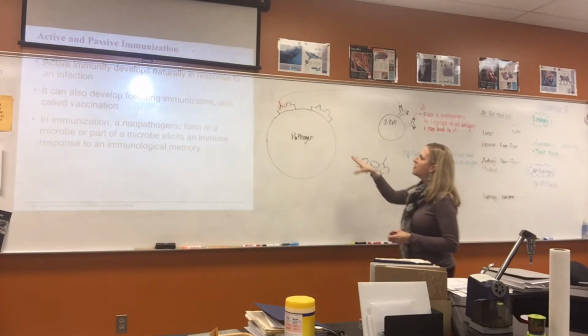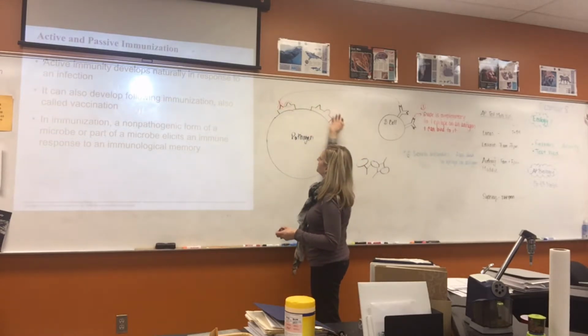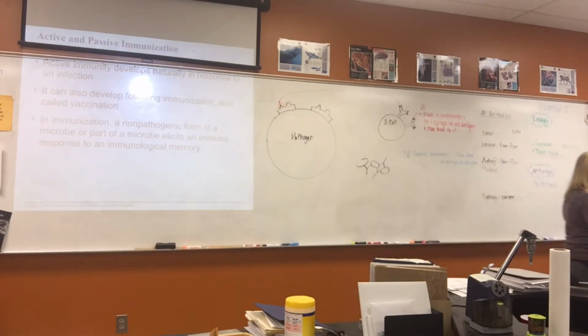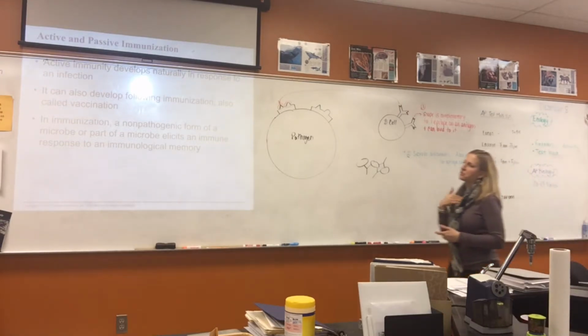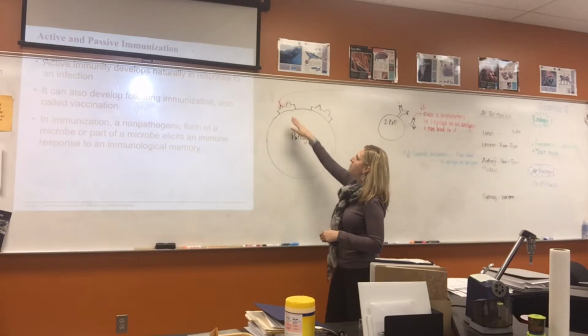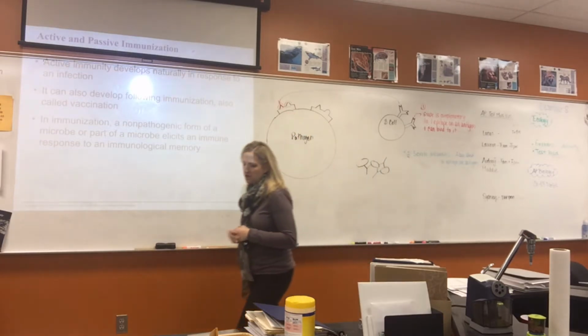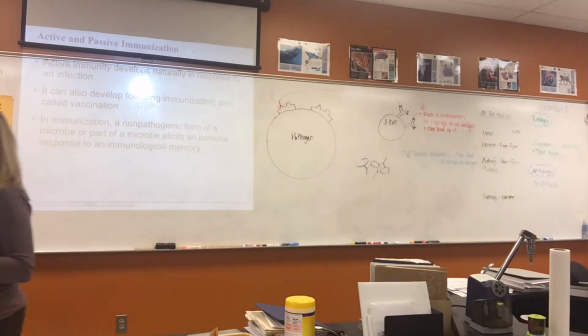So we talked about how it's the antigens, the shapes on the surface, that are important. So when you're given a vaccination, you're given either dead or weakened or parts of the pathogen, but they've made it non-pathogenic, so you don't get sick. But the shapes of the epitopes or the antigens are different than your body's, and so your body launches a primary immune response against it, but it doesn't make you sick because it's a dead version of it, a non-pathogenic form.